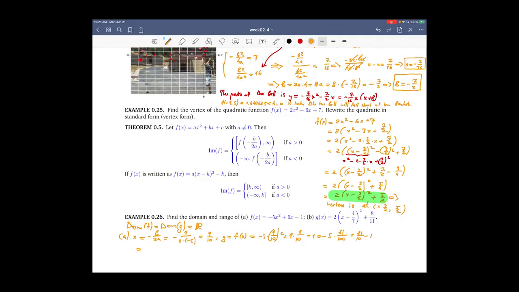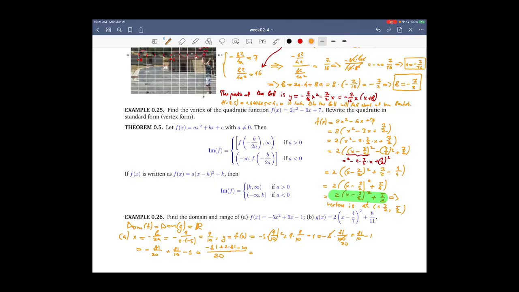Canceling by 5, that gives us 20. We have negative 81 over 20 plus 81 over 10 minus 1. Common denominator is 20. Negative 81 plus twice times 81 minus 20.